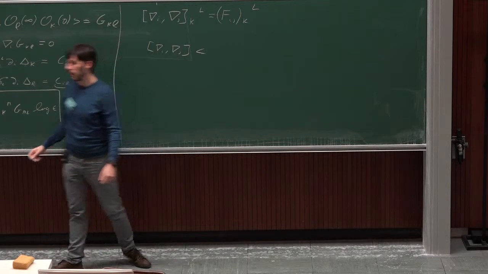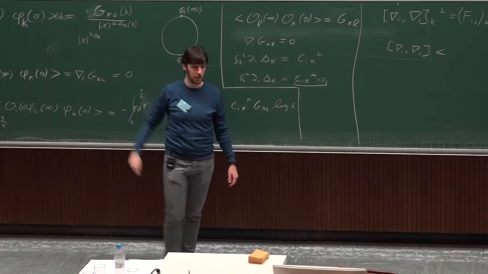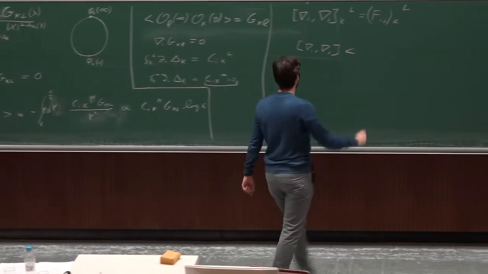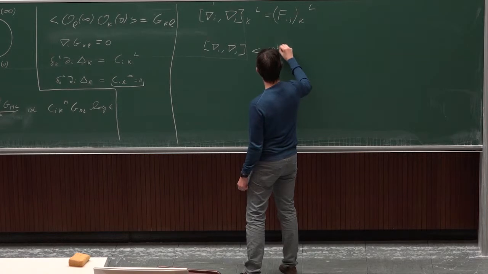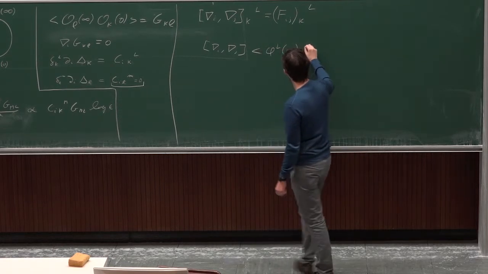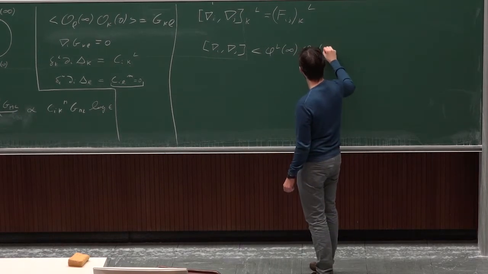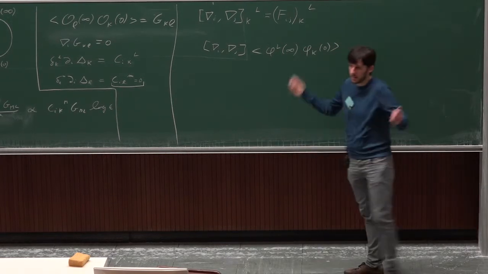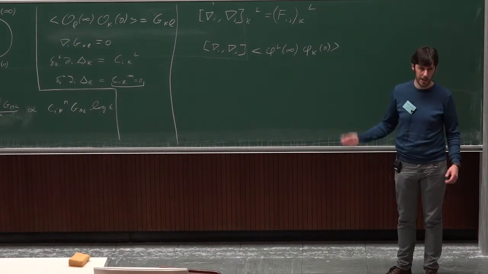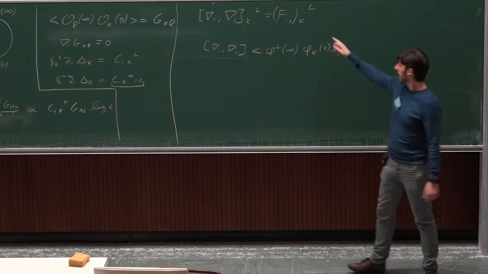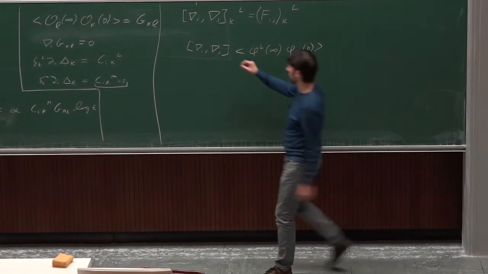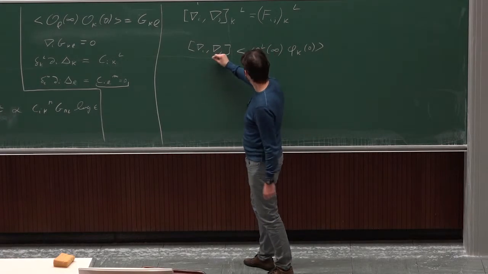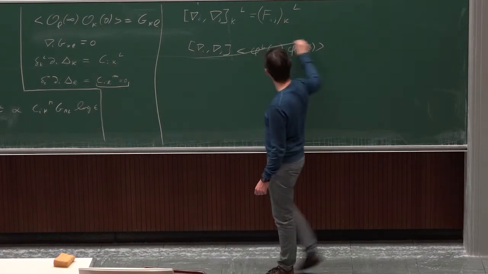I can use this 2-point function to raise and lower indices. So you might imagine something like this. That's a natural guess for an object that has this index structure. But before you take pictures of it, this is wrong.